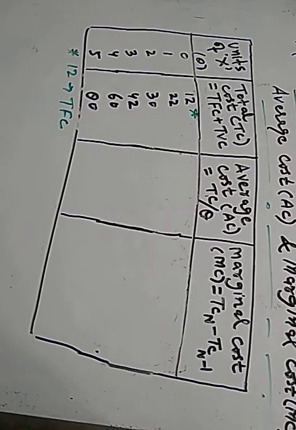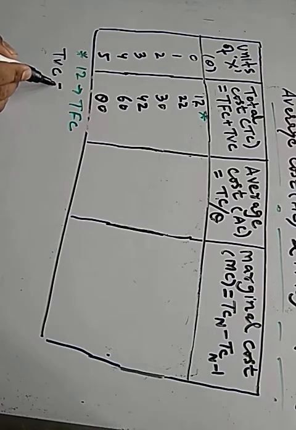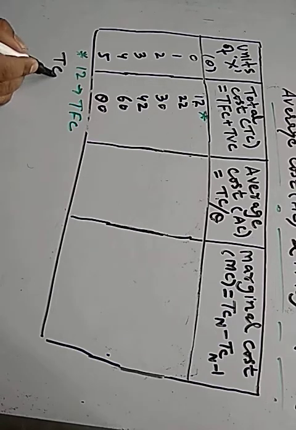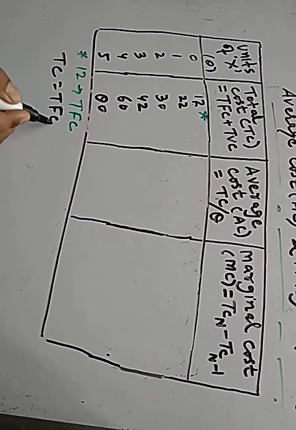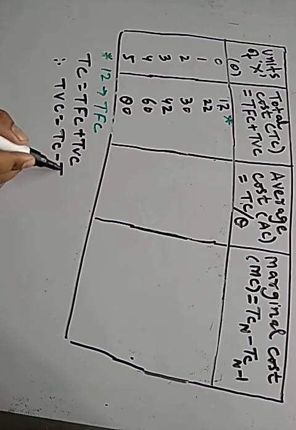Now if you are asked to calculate total variable cost when total cost is given and total fixed cost is also given, total variable cost will be equal to total cost minus total fixed cost, because total cost is equal to total fixed cost plus total variable cost. Therefore total variable cost can be calculated as total cost minus total fixed cost.